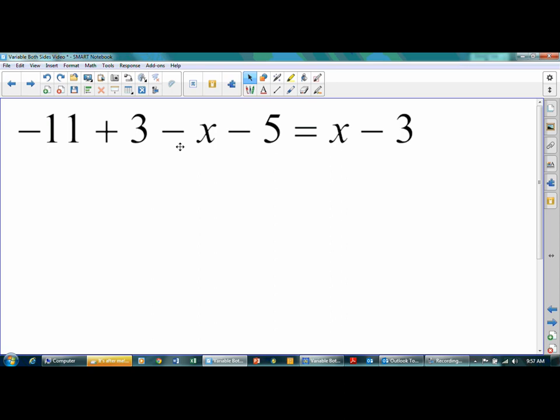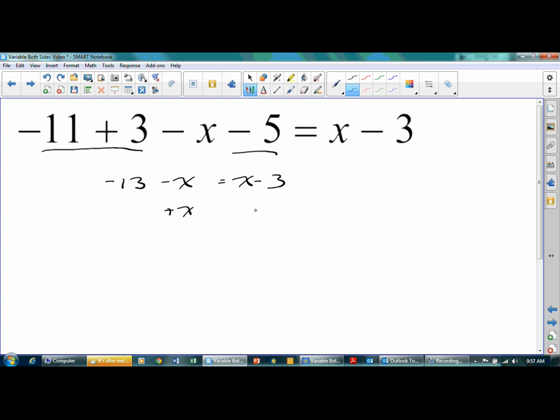Okay. Now, no distributive property, so we just move to combining like terms. So we've got negative 11 plus 3 minus 5. Well, negative 11 plus 3 is negative 8. Minus 5 is negative 13. Okay, I'm going to add this x. Actually, I'm not. Just to show you that it doesn't matter, I'm going to add 13.